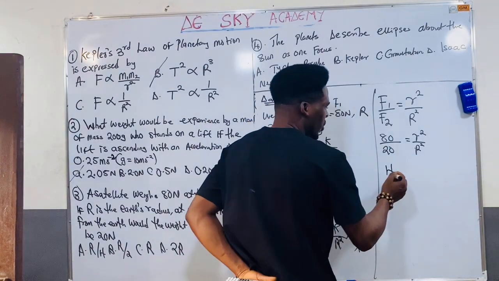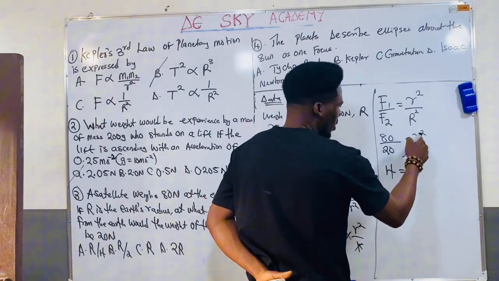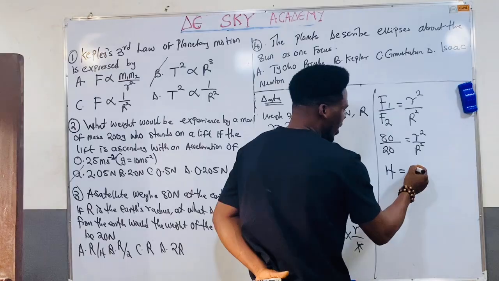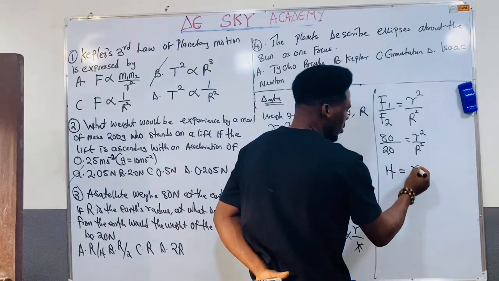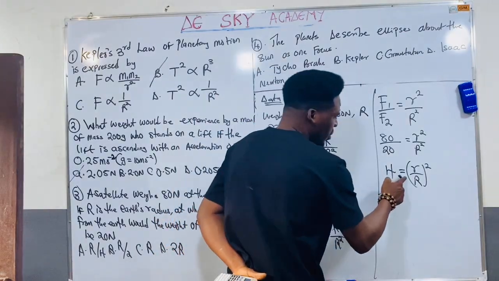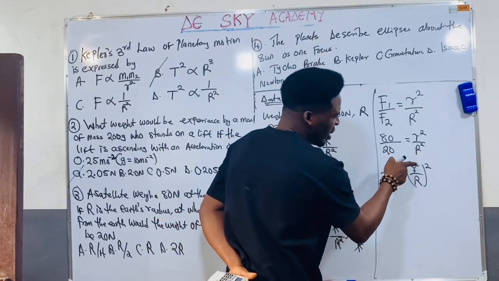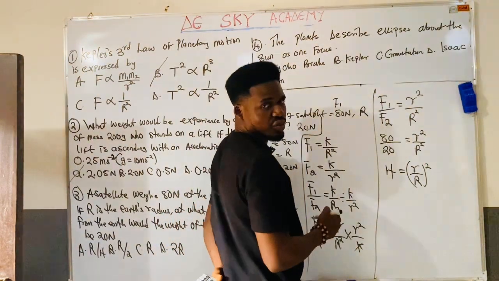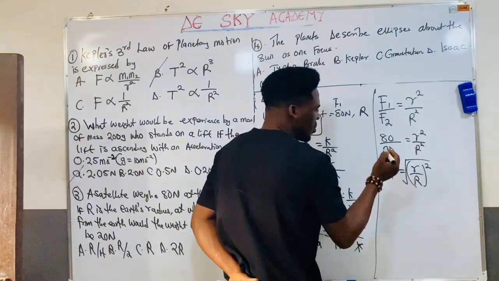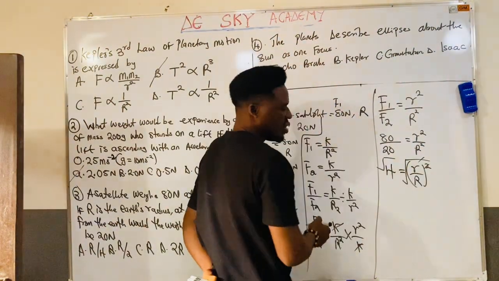So I have here 4 is equal to, since here is square, can I take it all square? I'll have it as r over R all square, right? So how do I eliminate this square? Take the square root of both sides. This square will cancel this square root.